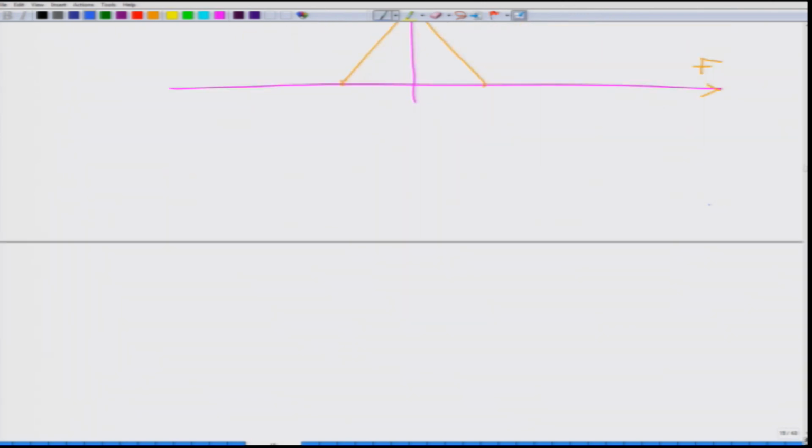The modulated signal x(t) equals A_c m(t) cosine 2 pi f_c t.